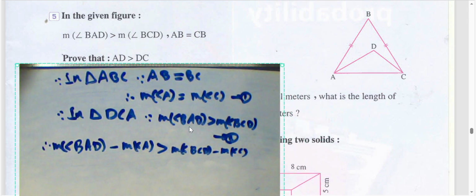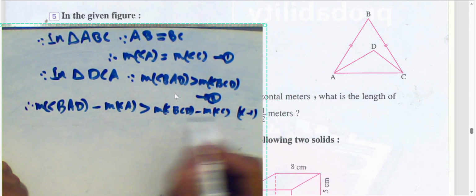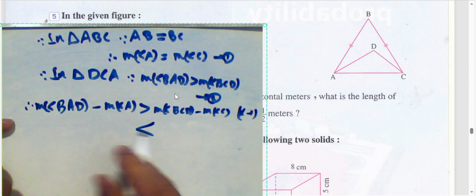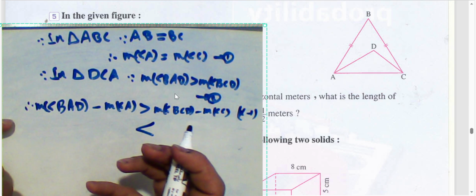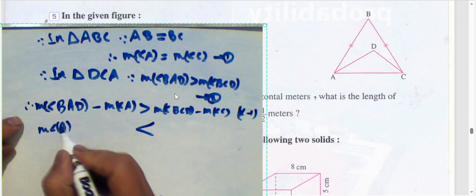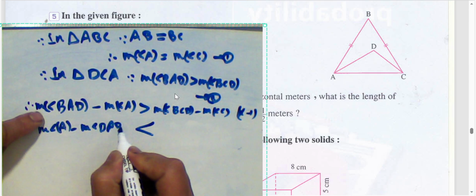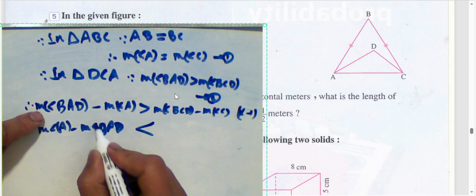What we will do, we will multiply by negative 1 all the inequality. Then the direction will be inverted. I want to replace the direction. If we multiply by negative, it will be positive. Then measure of angle A subtract measure of angle BAD. Understood?